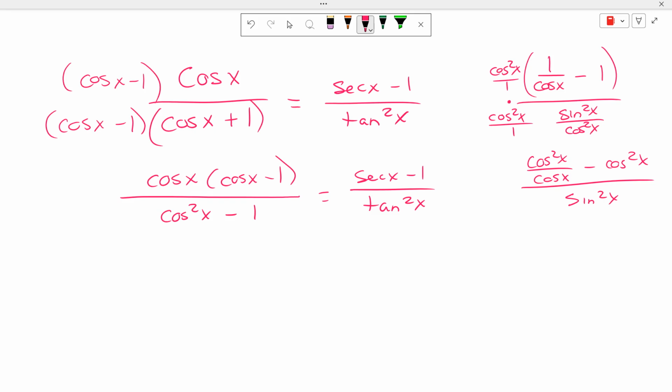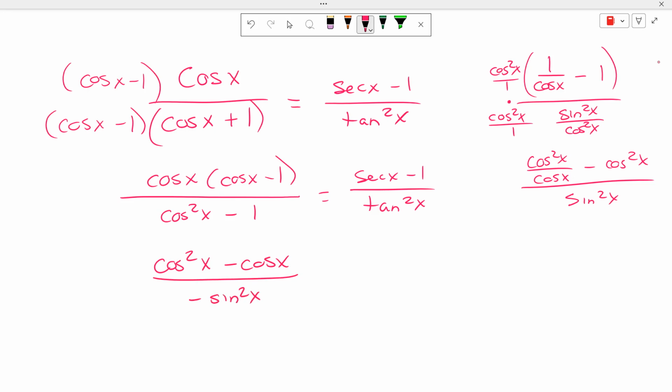So if I have cosine squared minus 1, that means I moved the 1 to this side and the sine to that side, so it's negative sine squared down there. So cosine squared of x minus cosine of x over negative sine squared of x.